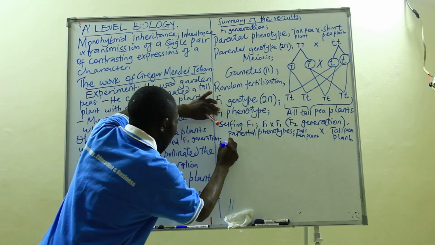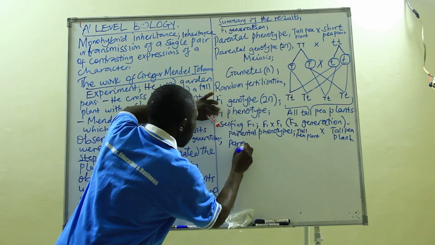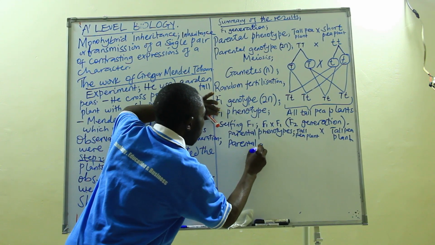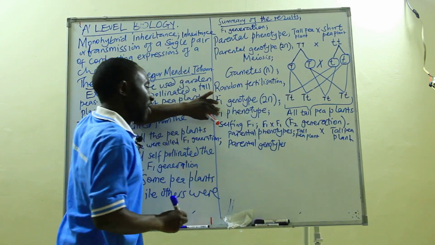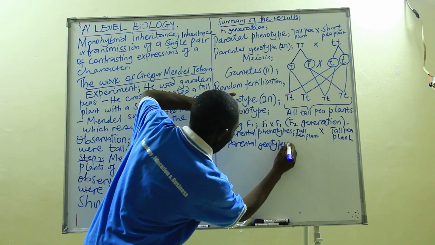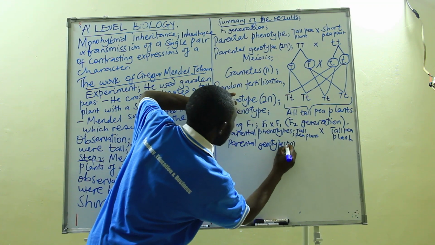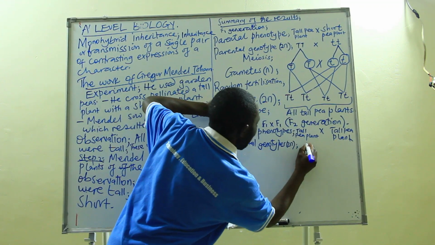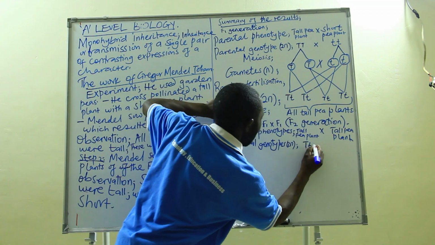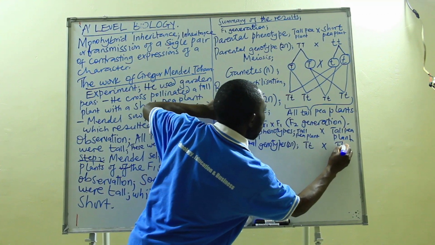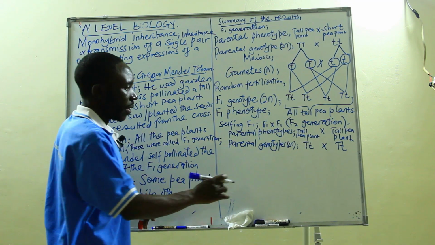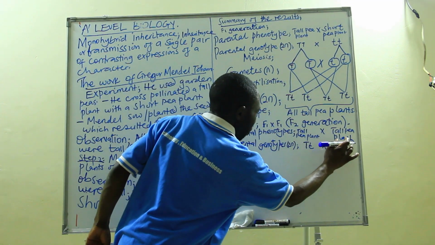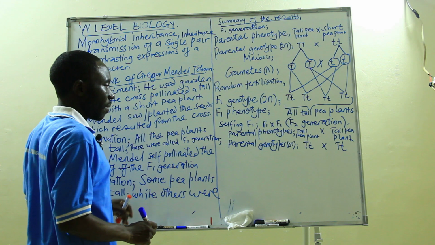So, parental genotypes, they are diploid, that is TT. They are now heterozygotes. Now heterozygotes are shown on the board because we are crossing the F1 individuals.